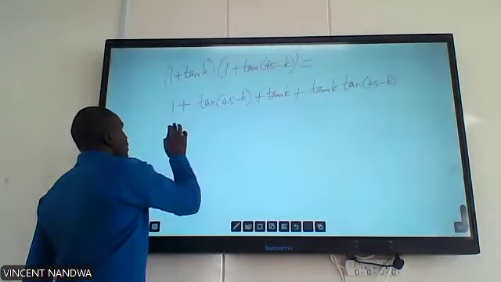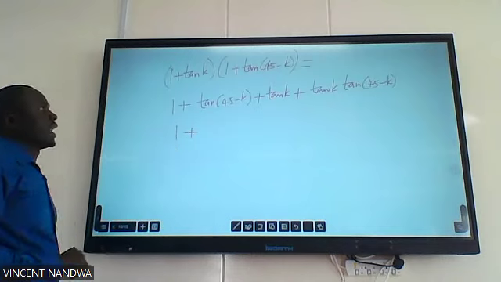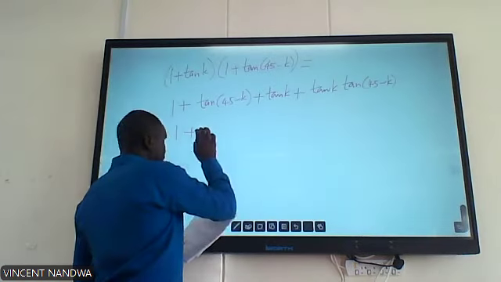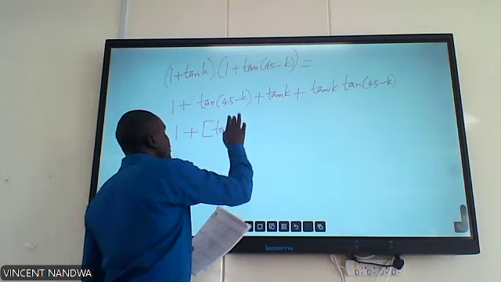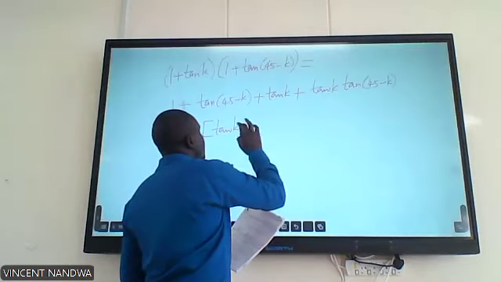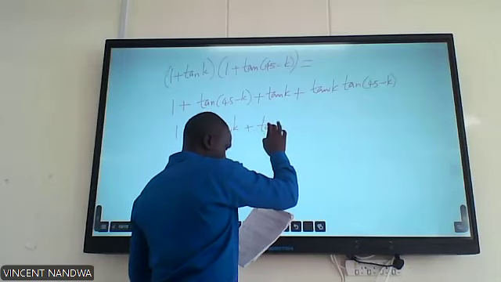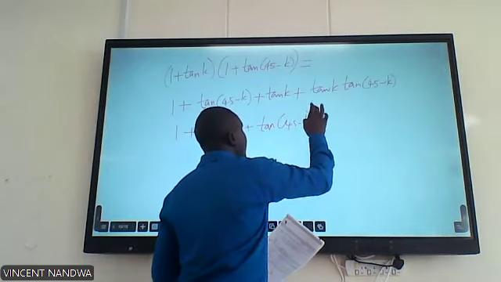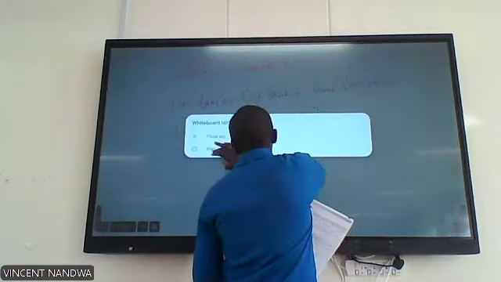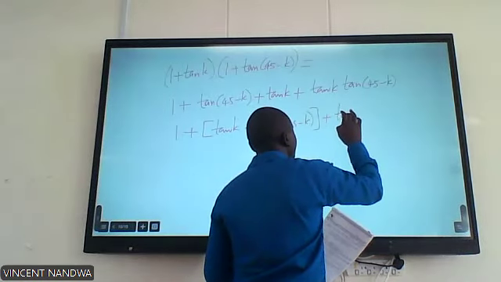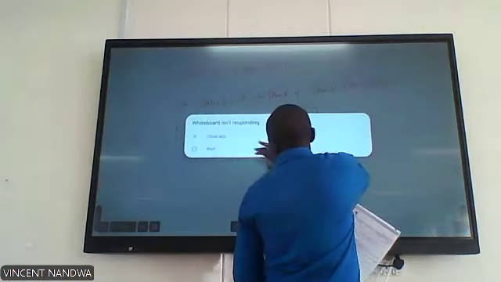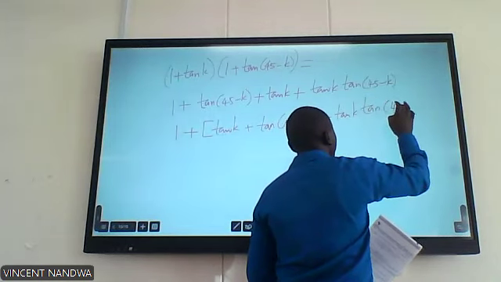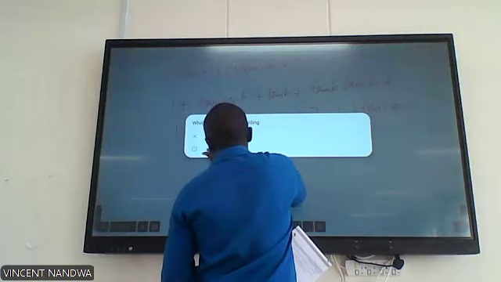So then I can write this as 1 plus tan k, then plus tan of 45 minus k, and then plus tan k tan of 45 minus k.